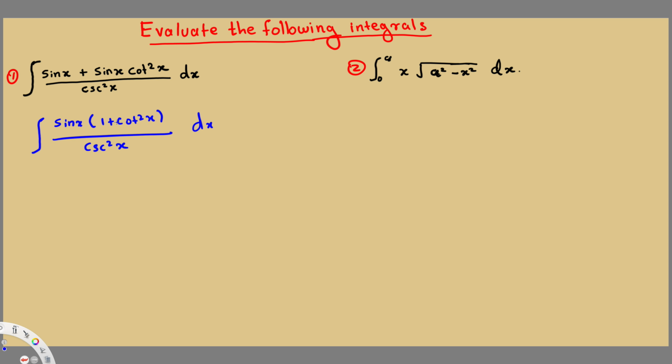Whenever we see something like that, it clicks in our mind that we can replace this with something. If you look at this equation, sin square x plus cos square x equals 1, and here we are dealing with cot square x, right? If I divide this by cos, it will become tan, so we don't need that.